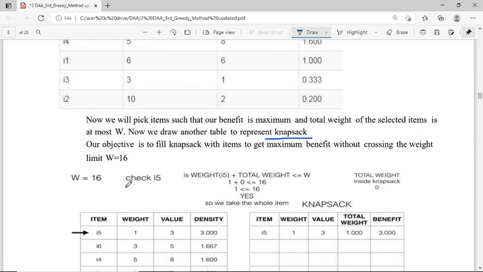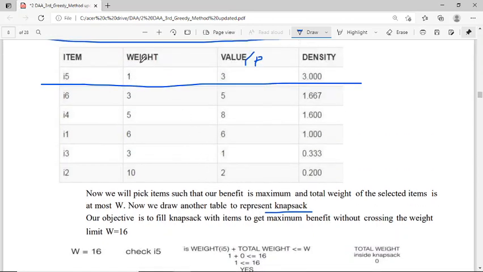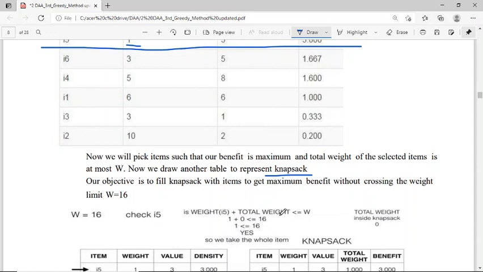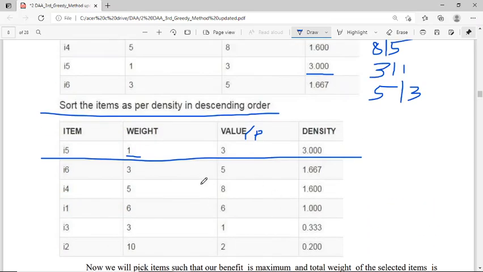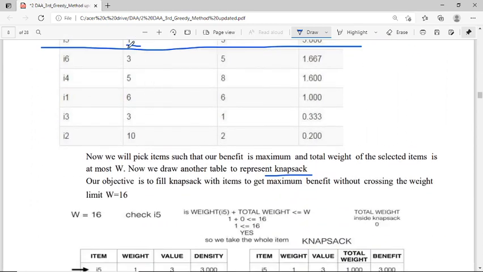So I5: check that weight of I5 plus total weight is less than or equal to W. What is the weight of I5? It is 1, plus total weight. We don't have a total weight yet, because first we are taking 1.